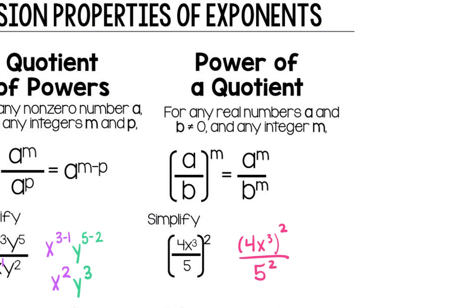From here, we know that 4 to the second power is 16. And then x to the third power to the second power, the rule here is we're multiplying. This is going to be x to the sixth power divided by 5 to the second power, which is 25.